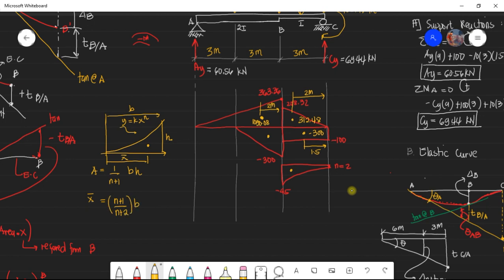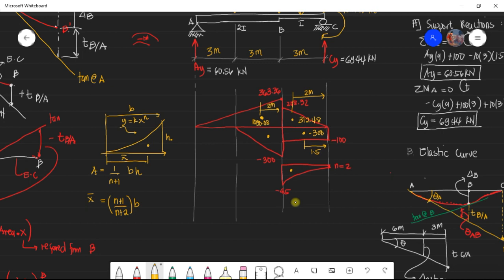Check natin: kung n is equal to 2, it will be 3/4 of b, or 1/4 kung dito ka mag-refer sa h. Kung triangle, ang n mo is 1, so it will be 2/3 of b. Yun lang.